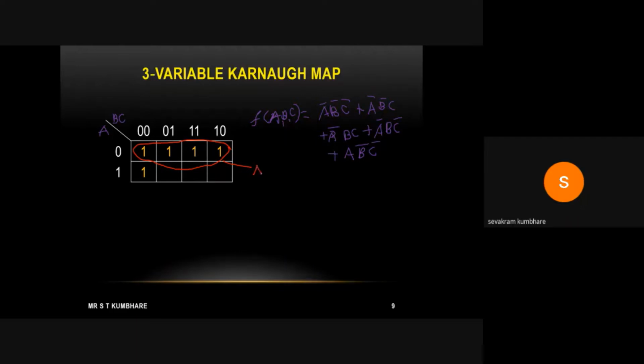So A becomes A bar. But B is 0 over here, B is 0 over here, B is 1 over here, B is 1 over here. So it changed from 0 to 1. Similarly, C is 0, C is 1, means C also changed. So B and C are variable over here. So we cannot take BC from this. So that's why the expression becomes A bar.